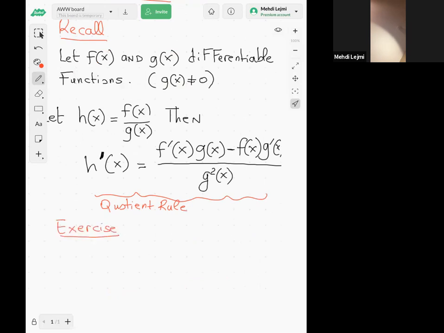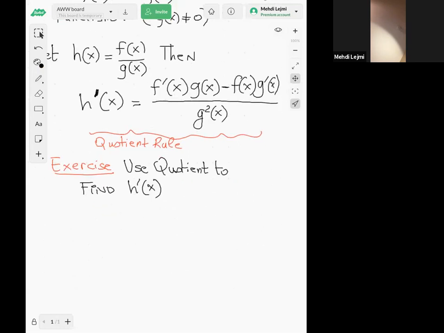We have to use the quotient rule to find h prime of x, right? We had three different functions. I think I solved the first one. Now there are two functions left.